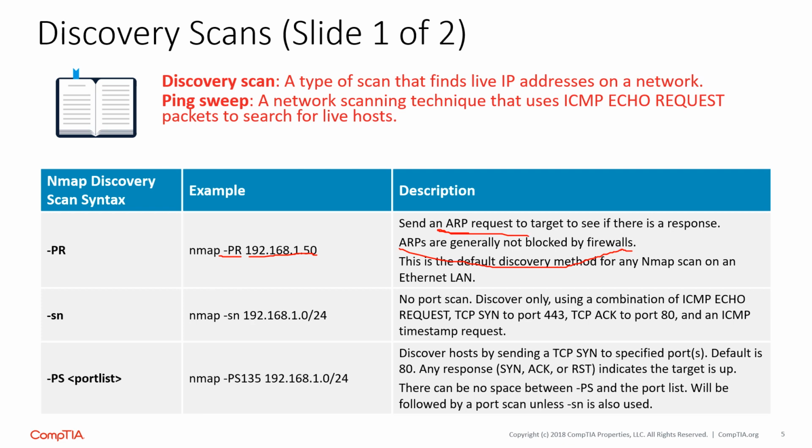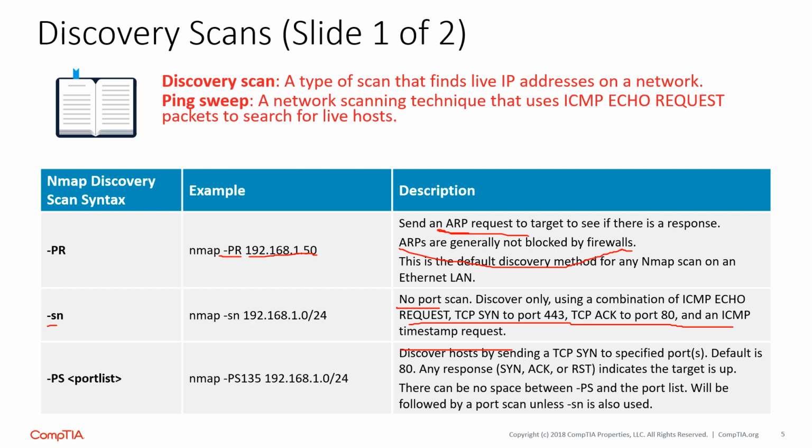Another option under the discovery scan is -sn. In -sn, there's no port scan. It discovers using a combination of the ICMP request, TCP SYN to say port 443, TCP ACK, acknowledgement, to port 80, and ICMP timestamp request. You may also discover hosts by sending synchronization to specified ports.